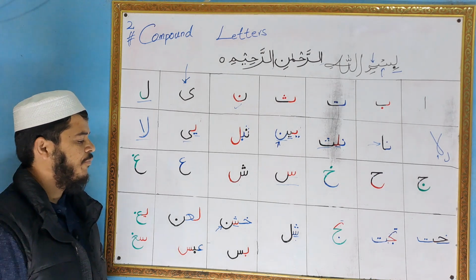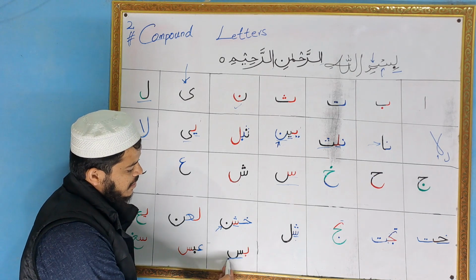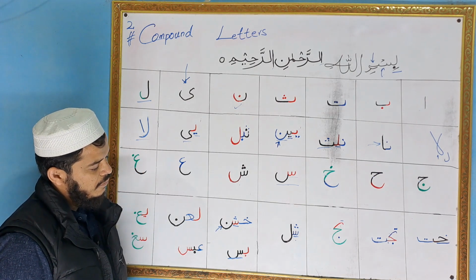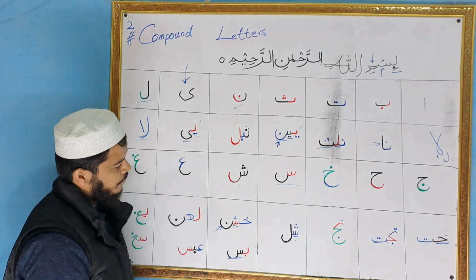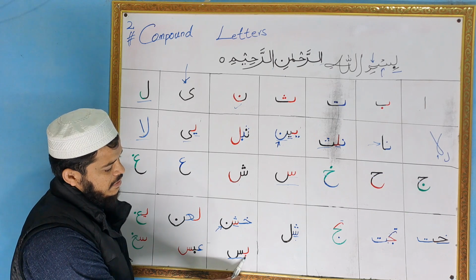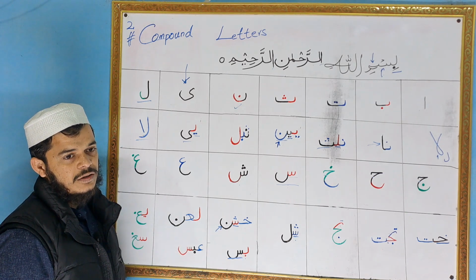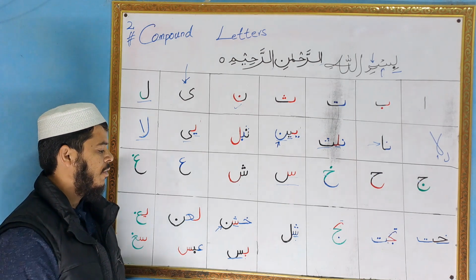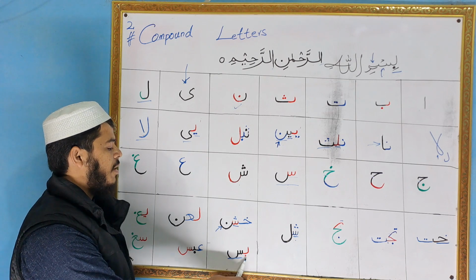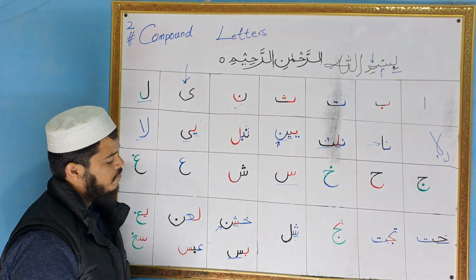Very easy. You can see now as a last letter how it will look like. It will look like in its original form, like this one. So you can see what is this letter, one dot in the bottom, it will be considered ba, because ba is the only letter that comes with one dot underneath. So this will be ba, and this will be considered as seen.